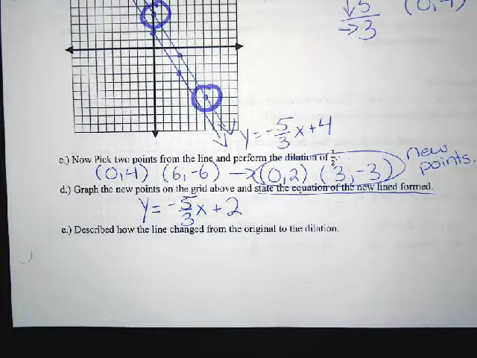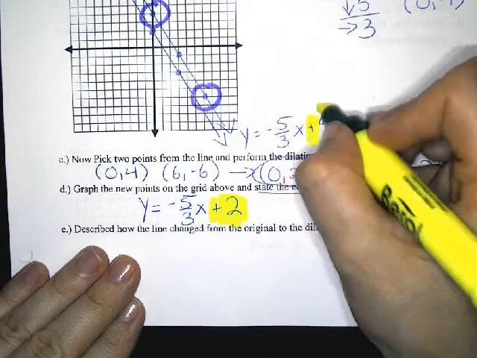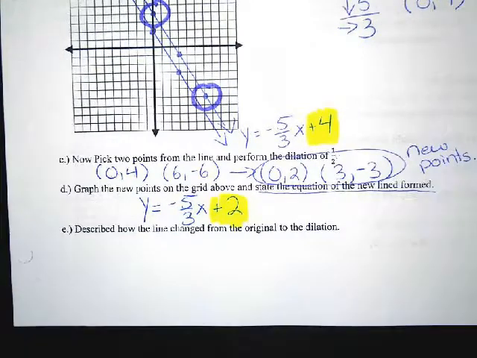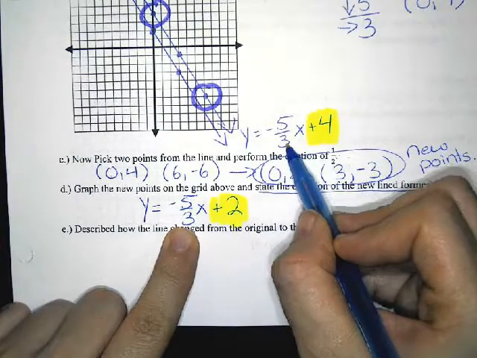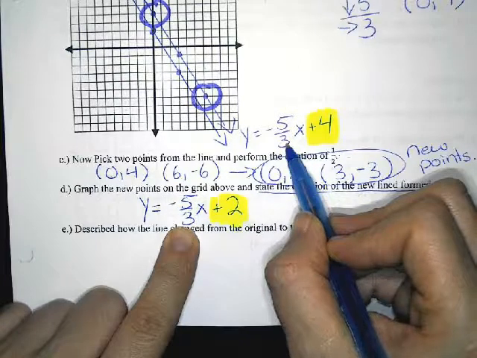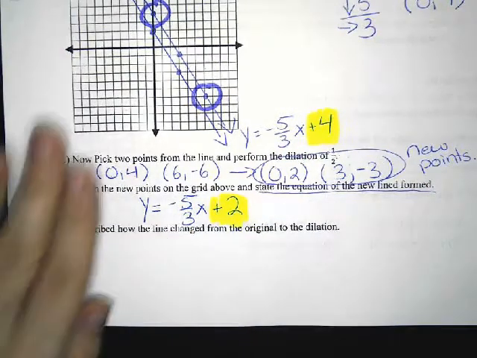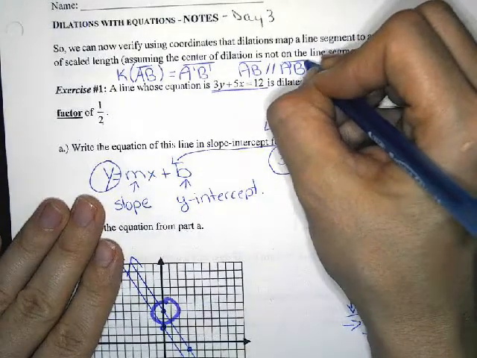Now we're going to make that connection piece. What does a dilation do to an equation of a line? Well, if we look, this number, the y-intercept, is the only number that changed about this equation. The slope did not. So as we've seen before in the previous lessons, when we dilate an image, it preserves the parallel. Okay, so back up here, A prime, B prime.